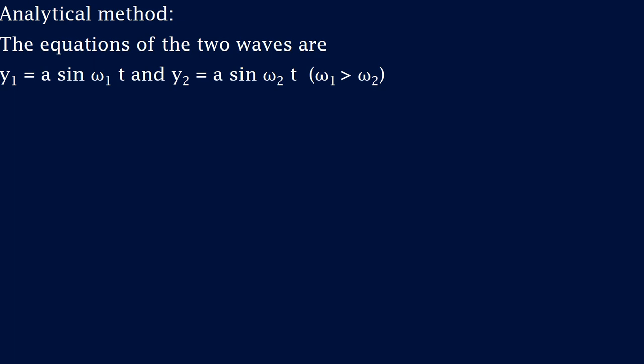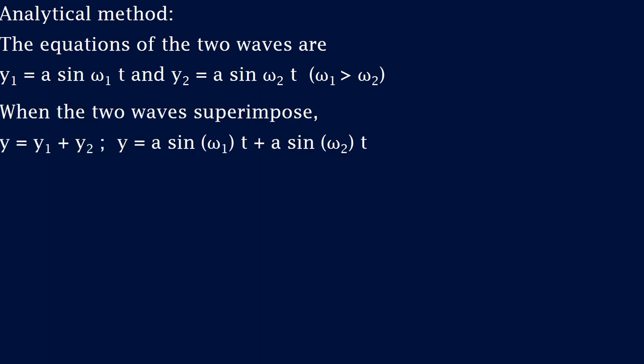Now, we will try to get the mathematical equation for beats by the analytical method. Let us consider two waves of slightly different frequencies omega 1 and omega 2, such that omega 1 is greater than omega 2, having equal amplitude and traveling in a medium in the same direction. At time t equals 0, both waves travel in the same phase.